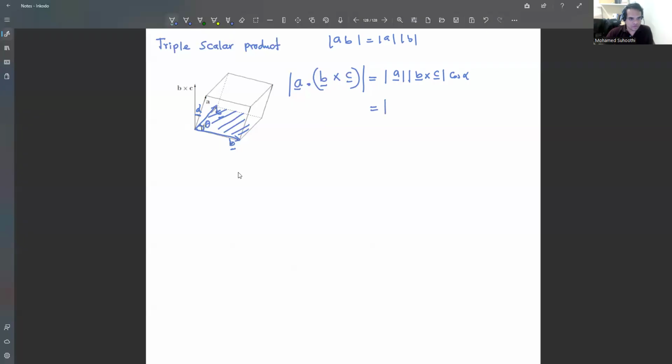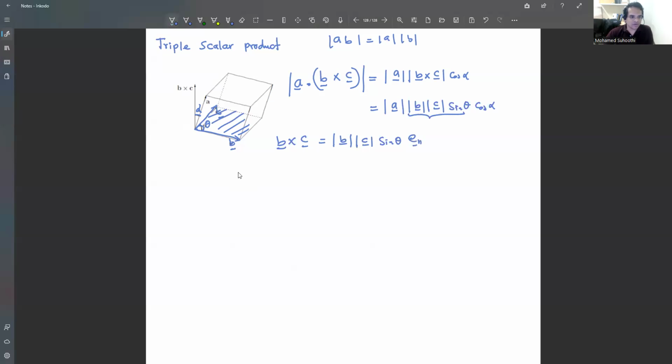So now B cross C I'm going to write: that will be magnitude of B, magnitude of C, and sine theta. If you write B cross C, it is magnitude of B, magnitude of C, sine theta, then the unit vector En.